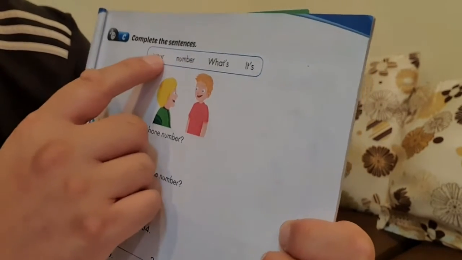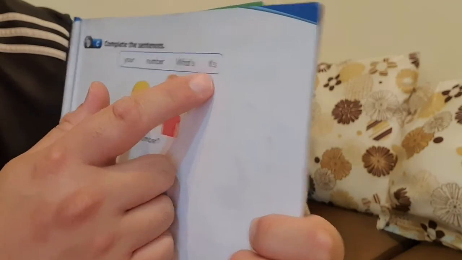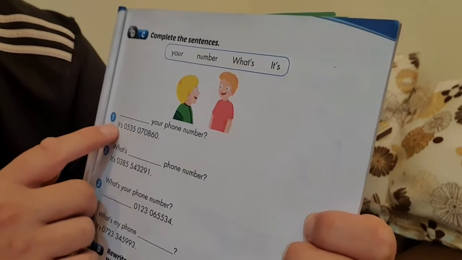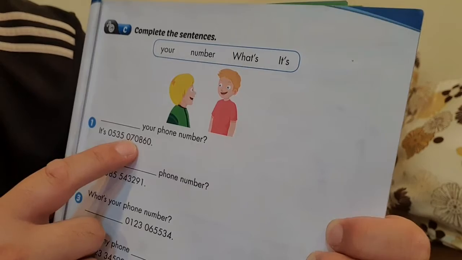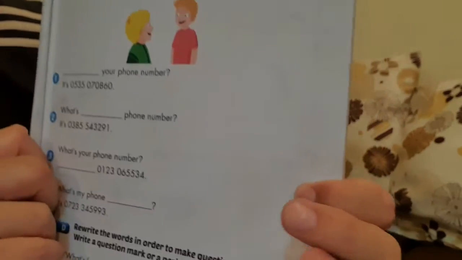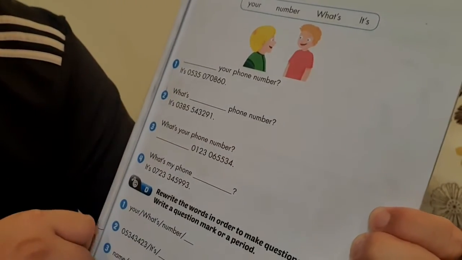You have your number, what is, and it is. What word do you put in here? Then answer, it is 053 507 0860. Okay, so continue and do 1, 2, 3, and 4.